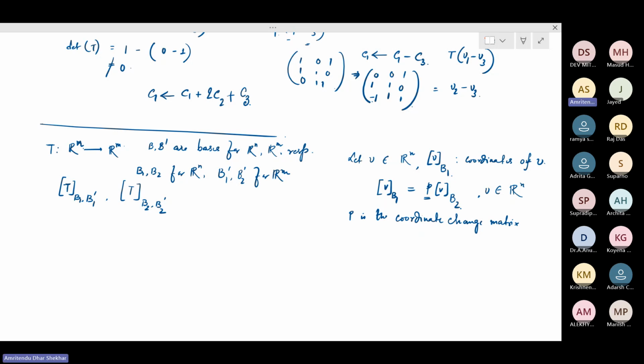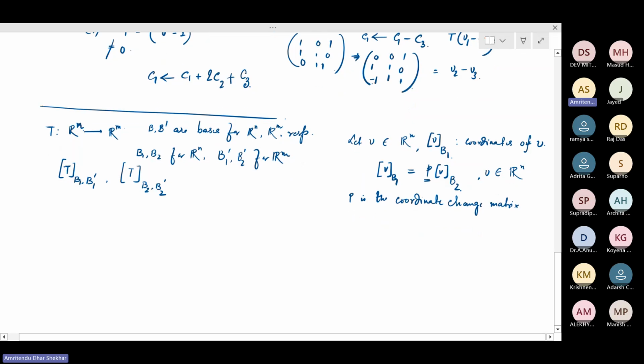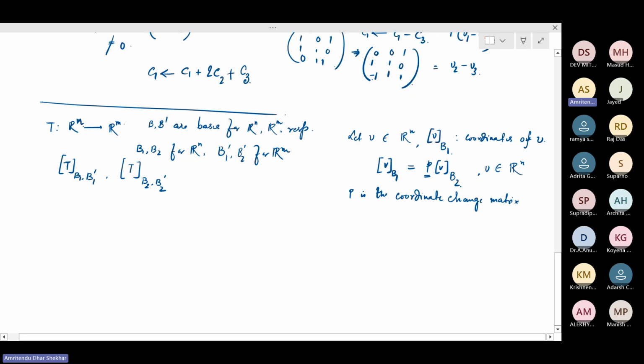Okay, and how do you determine what this P is? Well, you have some set of vectors in B1.